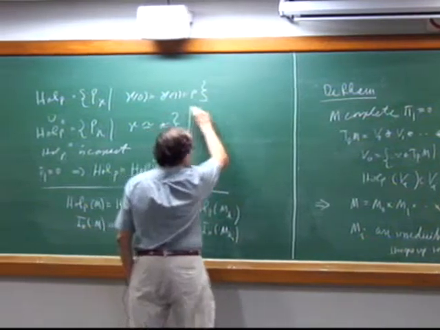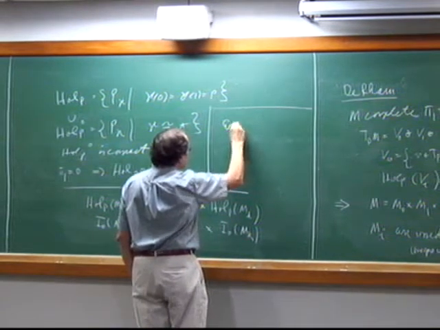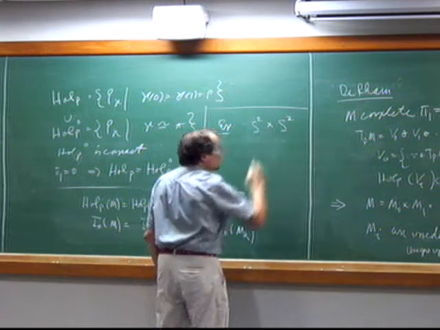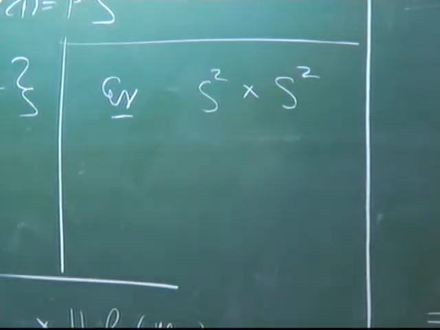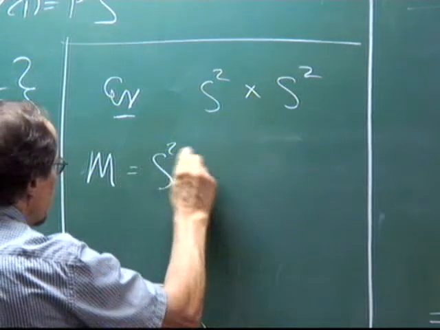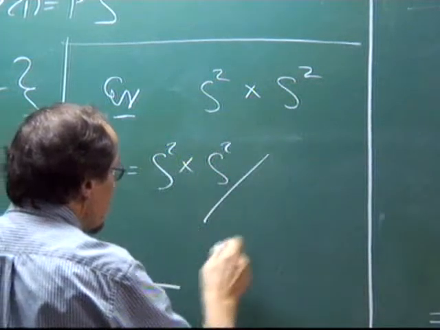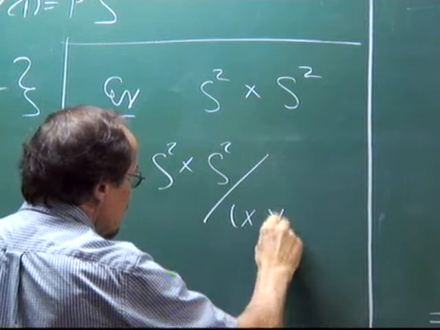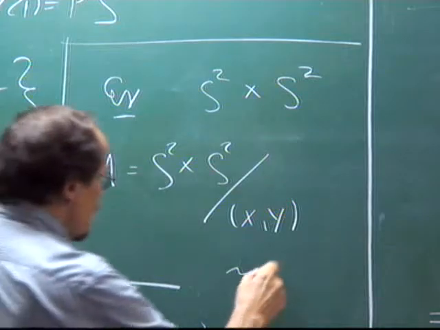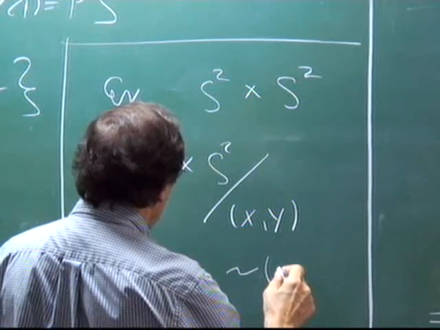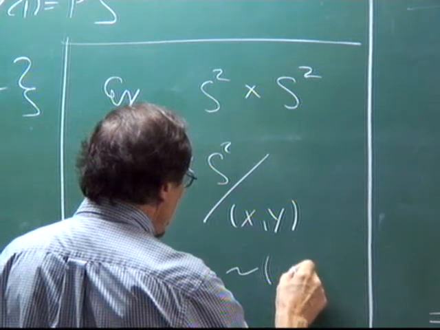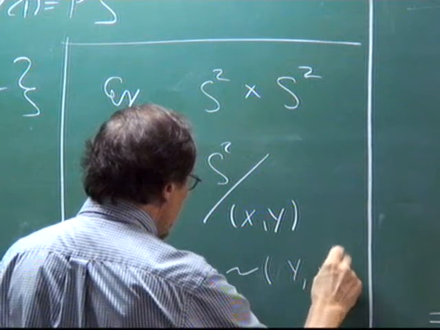But when I look at the quotient, things may not be a product anymore. Let me just say, for example, let's say I take S^2 x S^2 with a product metric, that's simply connected. I can now look at a new manifold, which is S^2 x S^2 divided by an identification which takes (x, y) into (y, x).